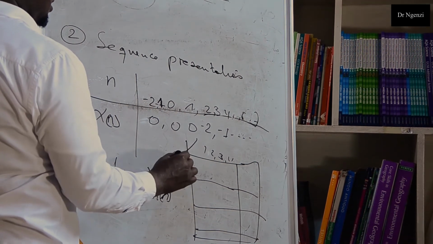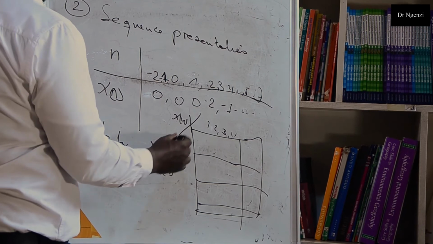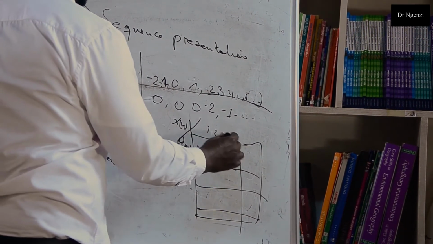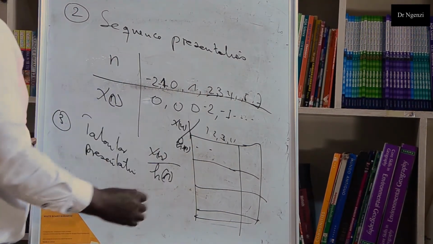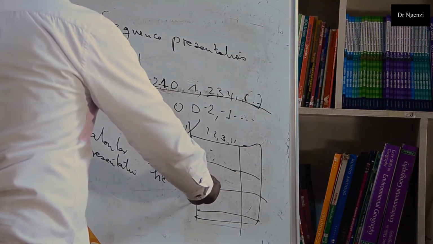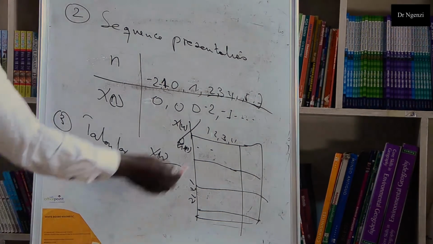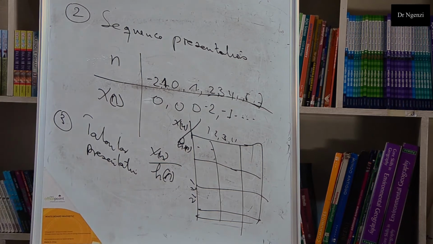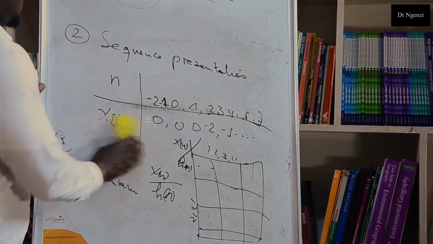Then x of n should be there, and you supply the values. One is on the x-axis and another on the horizontal axis, so it may be 2, 1, 2, 1, like that. This is what we call the tabular presentation of a discrete signal.